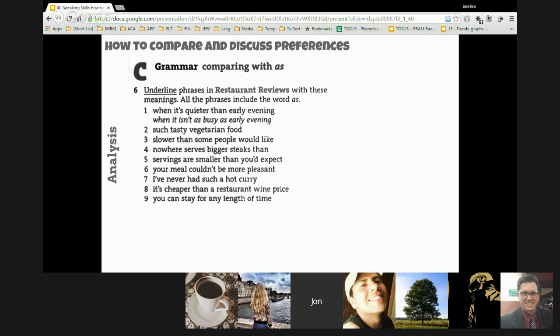The service is not as fast, rather than faster, not as fast as the pizzeria, as Cafe Paradiso. Okay? So what did you notice? You noticed that there's no ending on the adjective. It's not faster or fastest, it's just fast. When you use as, you use just that, that's it. Okay, very good, very good.